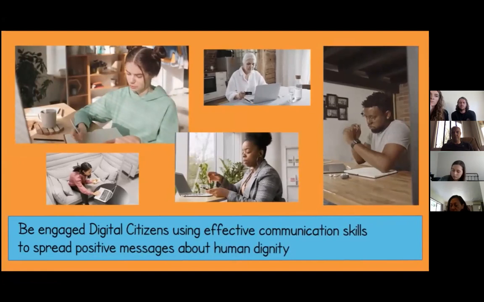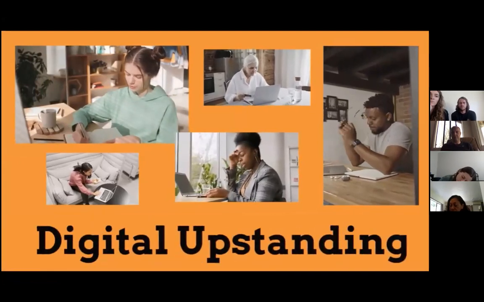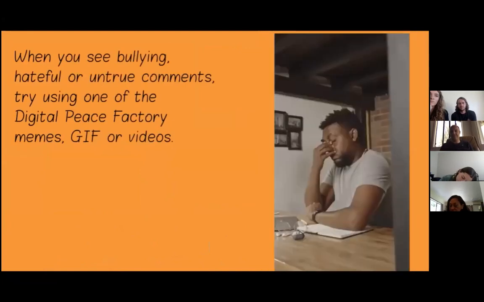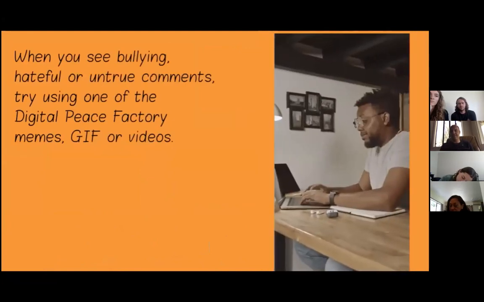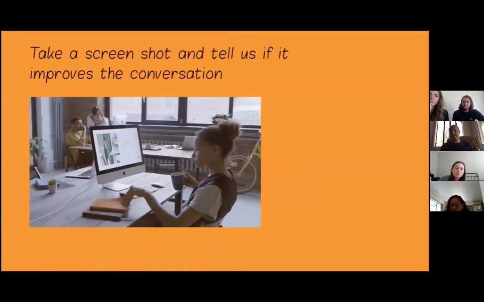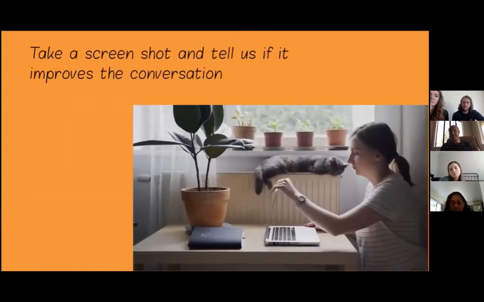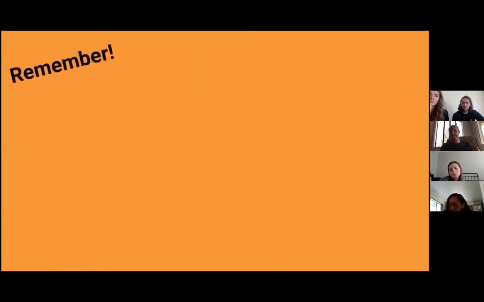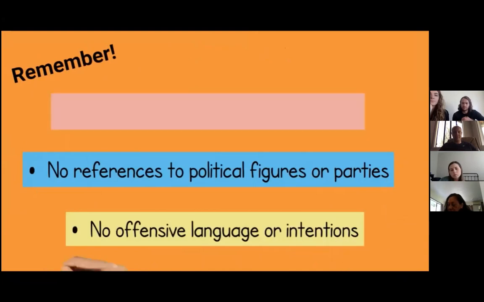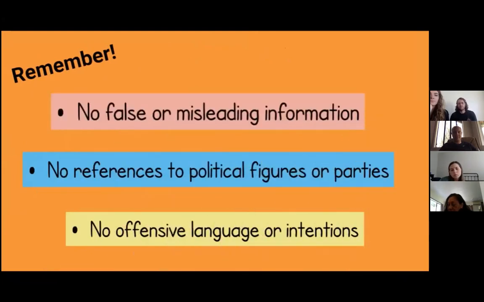And even if you can't create your own content, you can always try digital upstanding. When you see bullying, hateful, or untrue comments, try using somebody else's Digital Peace Factory meme, GIF, or video, and then just drop it into the conversation. This is a nonpartisan contest, so no references to figures or parties, please. No offensive language or intentions, and of course, no false or misleading information.